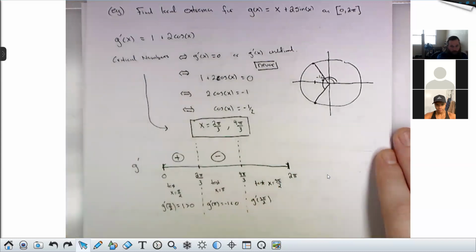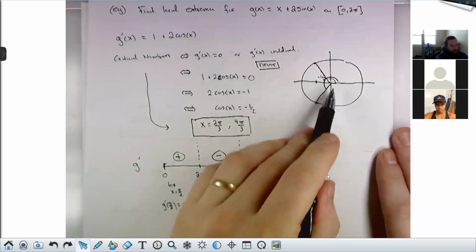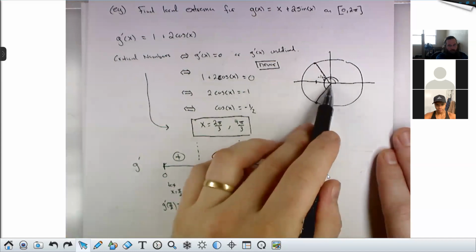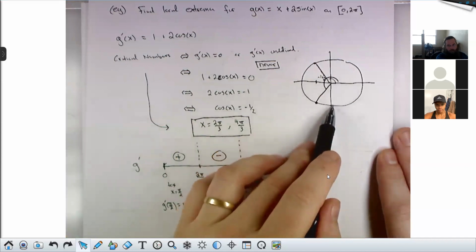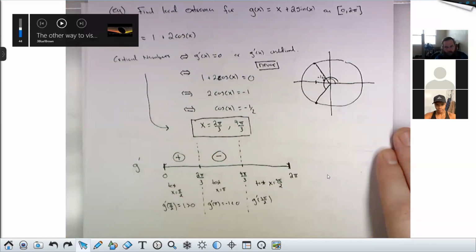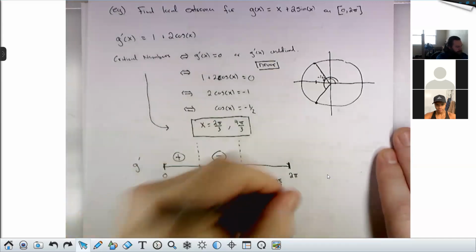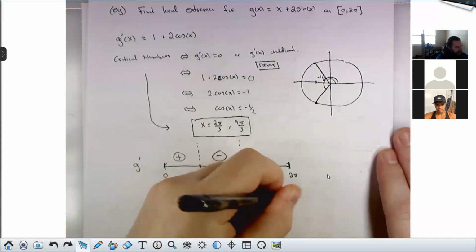What is the cosine of 3 pi over 2? So 3 pi over 2, that's the south pole of the unit circle down here, right? What is the cosine here? Julio, you might have said it correctly, I just couldn't hear you. Yeah, it should be 0. Very good. So the cosine of 3 pi over 2 is 0. So G primed of 3 pi over 2 is positive 1 again, which is positive.